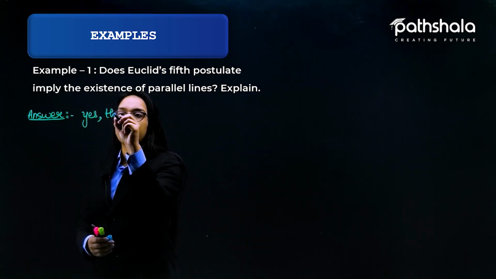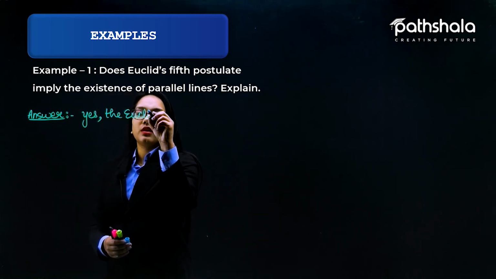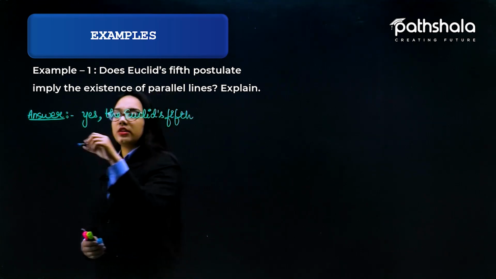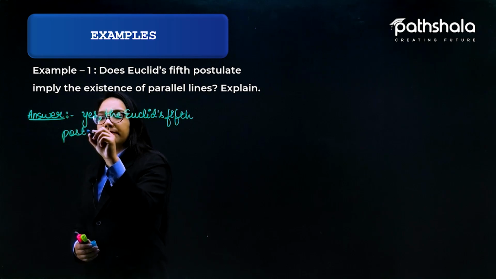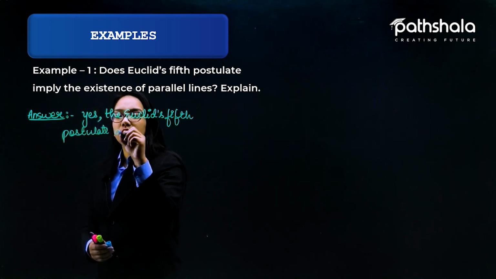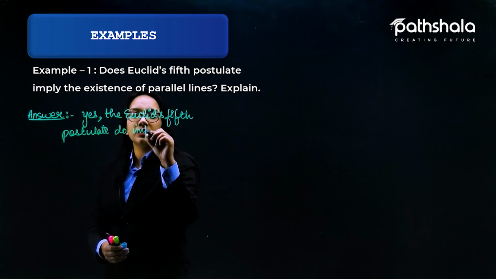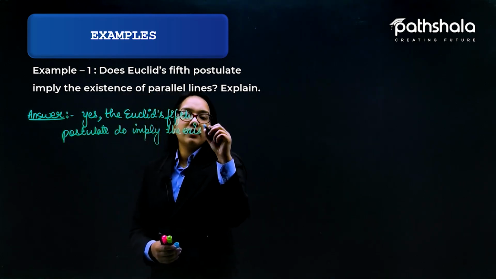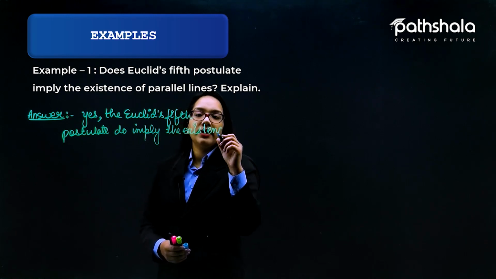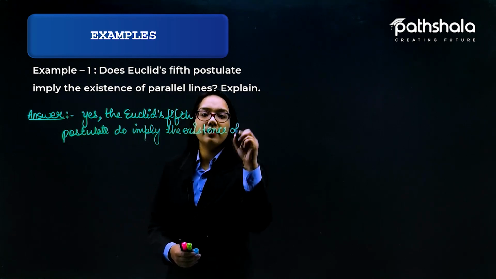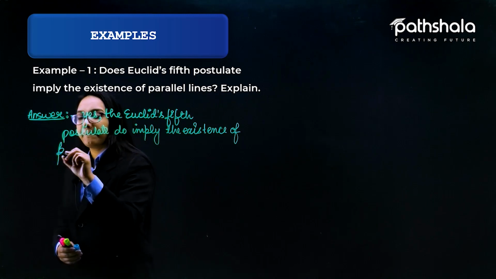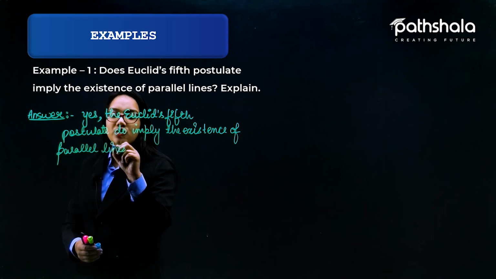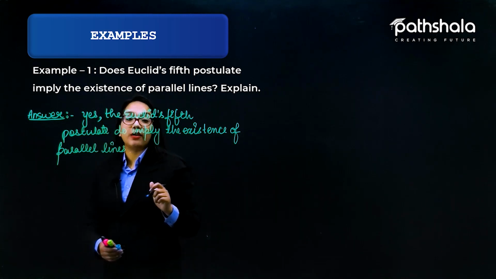Euclid's fifth postulate does imply the existence of parallel lines. It says explain. Why?